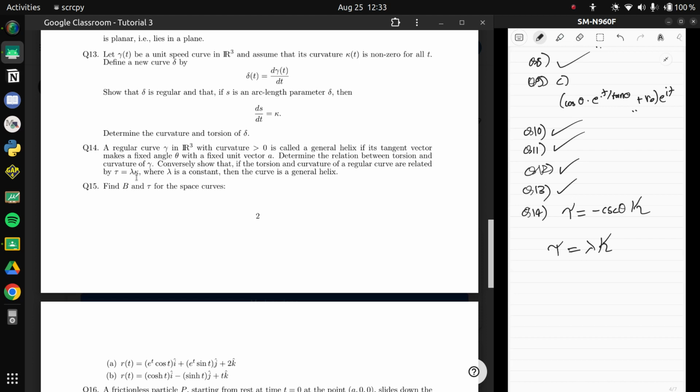I mean, only if you can write lambda equal to negative cosec theta somehow. If that's possible, then this is also possible. I feel this is not supposed to be cosec theta, but rather something else. But yeah, it probably is.